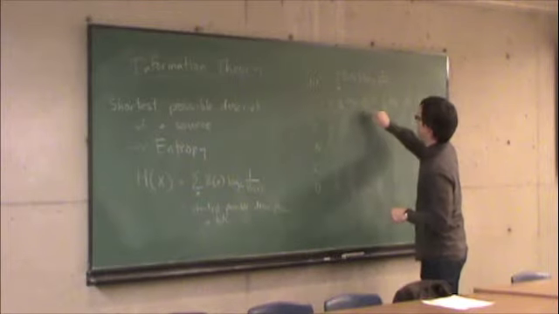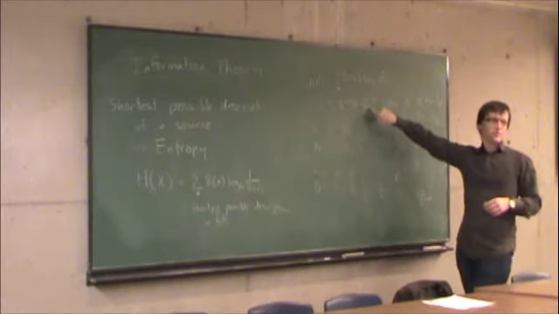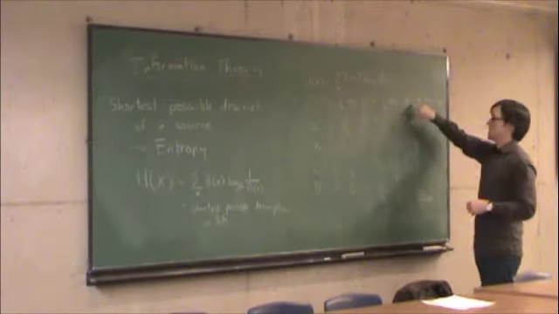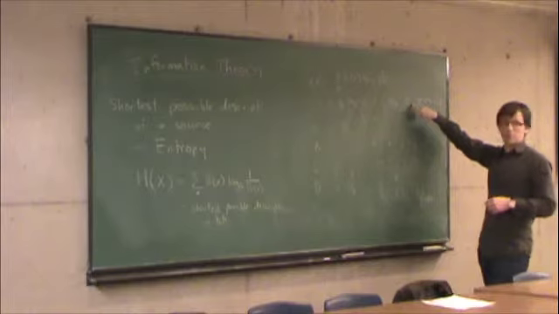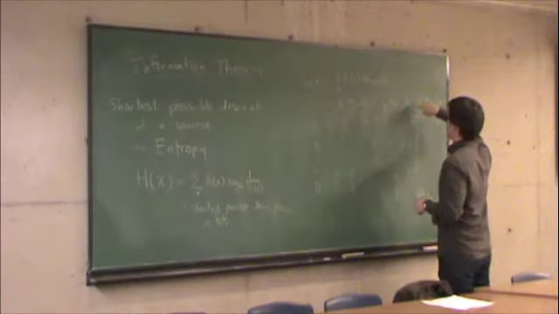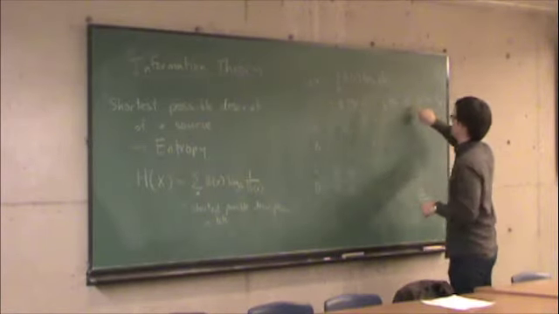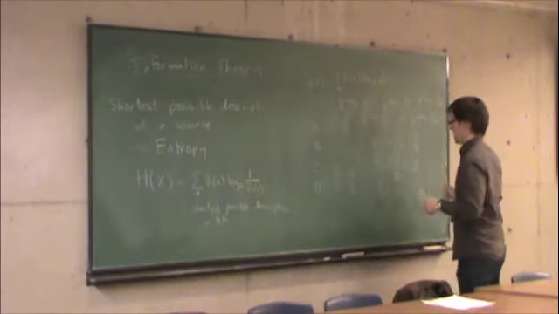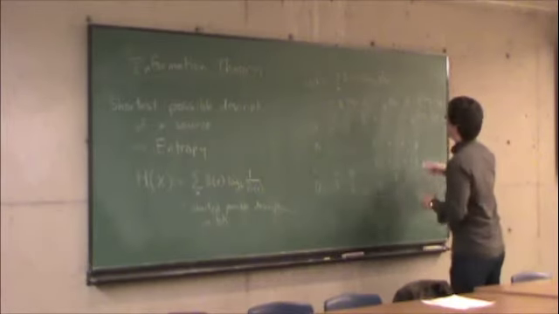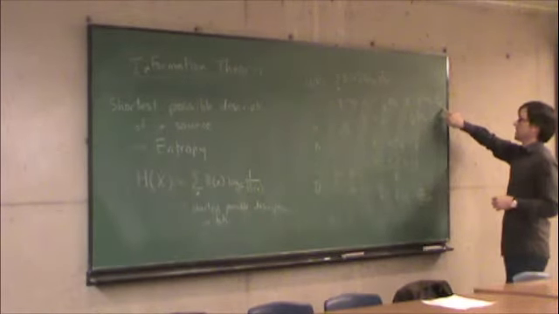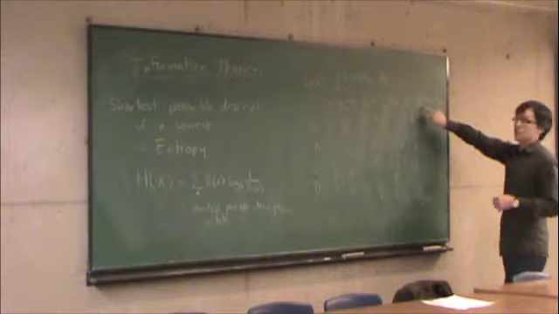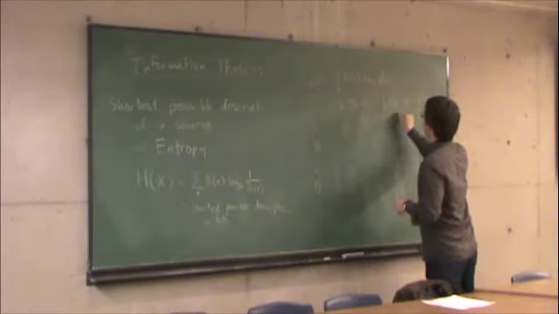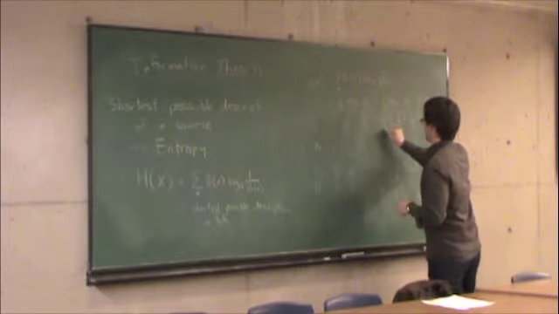What's 1 over 1/2? 2. So log 2 of that is 1. So this is 1/2. Log 2 of 1 over 1/4 is 2. So that's 2 over 4, which is 1/2. Log 2 of 1 over 1/8 is 3. So that's 3 over 8. And this is also 3 over 8. And if you add all of those up, it's 1.5.